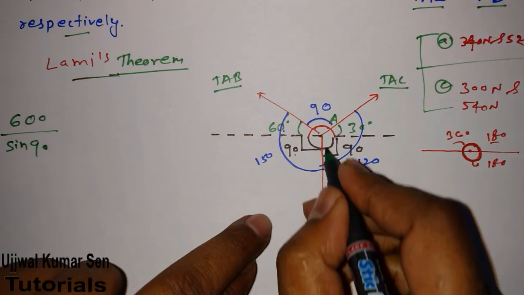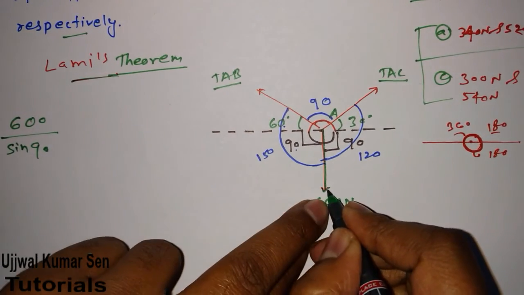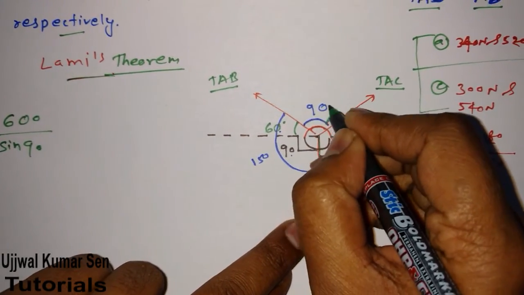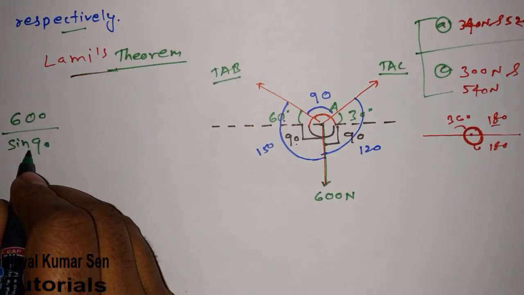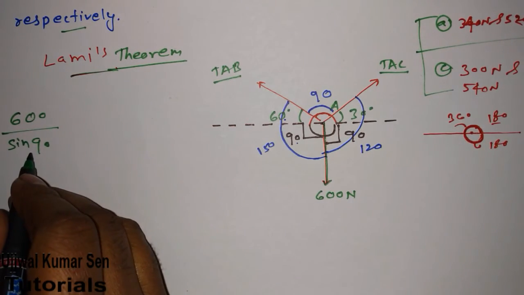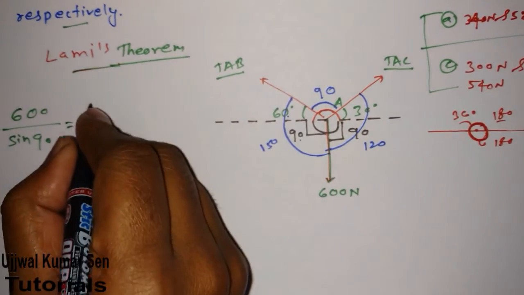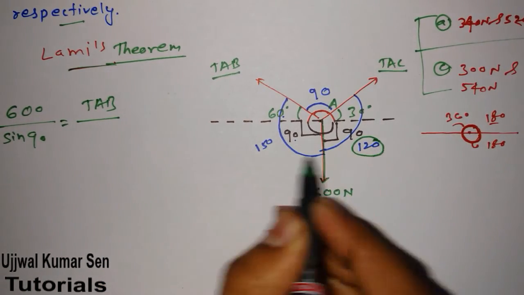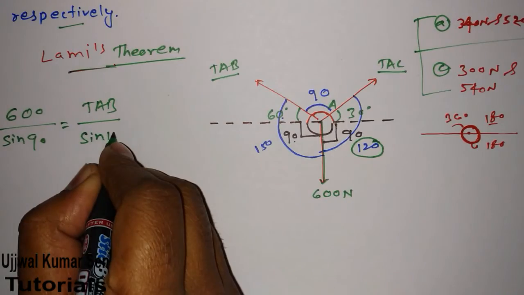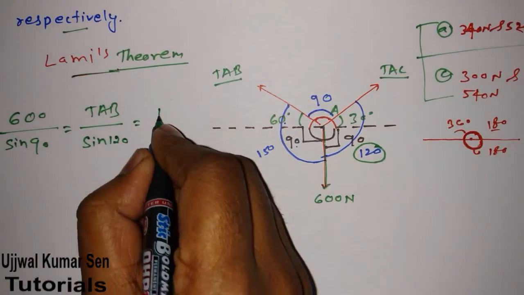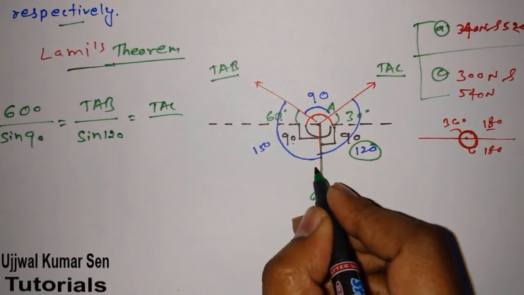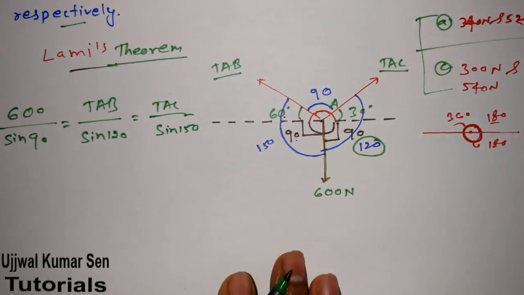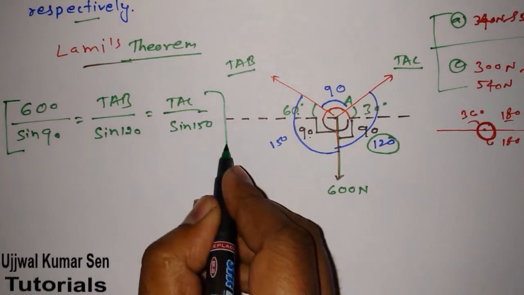How I have written it is, this is an angle, this is the force acting in this direction, so the opposite angle we have to take, that is 90, and sine is there, and this is in Lami's theorem only. Okay, so here TAB tension, and opposite, how much angle do we have? 120, so we'll write 120. Here TAC, how much angle do we have? 150, so we'll write 150. Got it? Now we have written the equation like this.